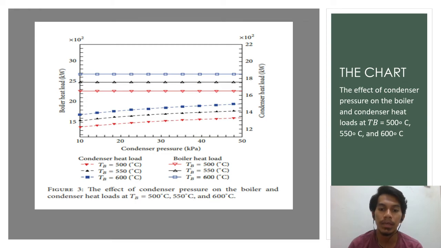We can see an example from this journal, Figure 3, the effect of condenser pressure on the boiler and condenser heat. So the methods used for the performance analysis are so important.